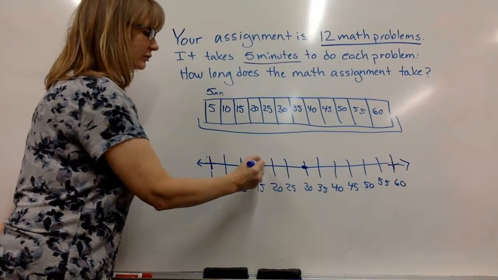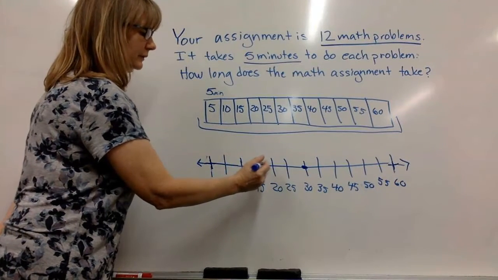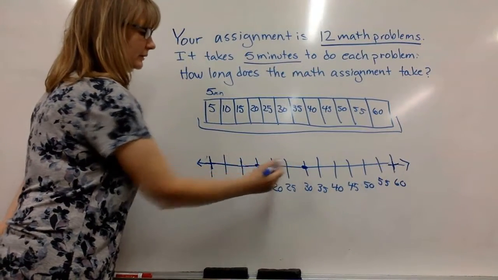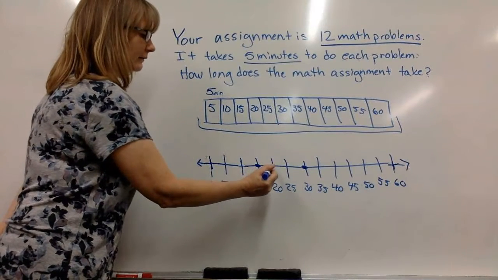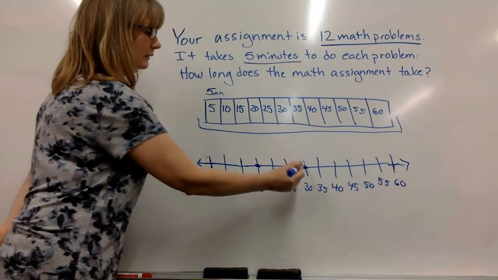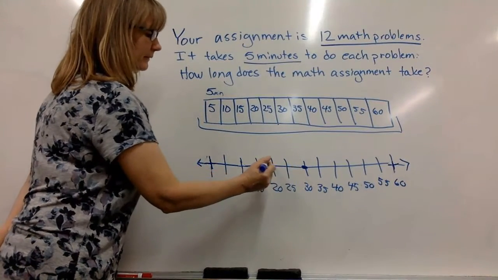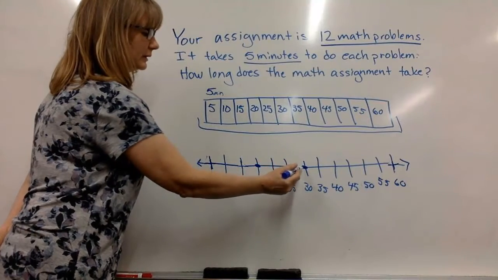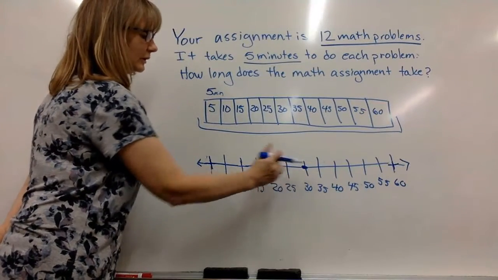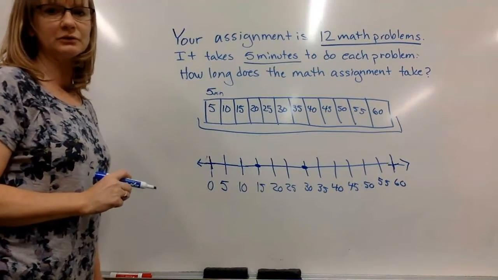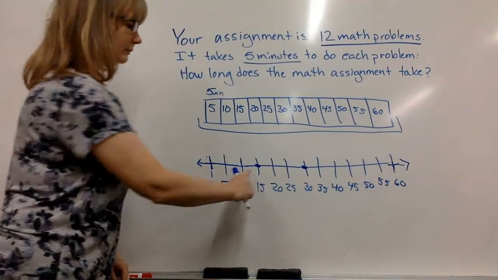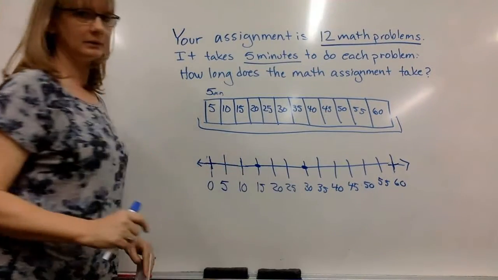Remember, each section interval is 5 minutes. 5, 10, 15. 3 sections, 3 groups of 5. It would be 15 minutes go by from the 15 to the 30.